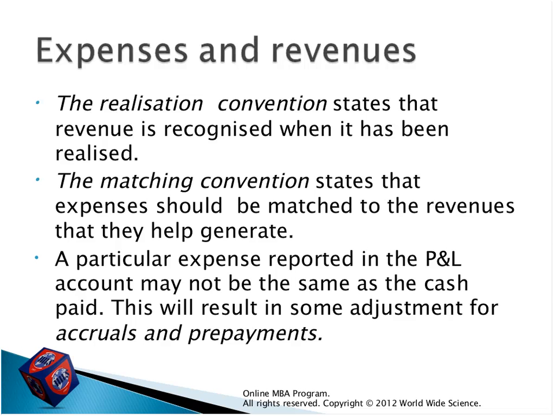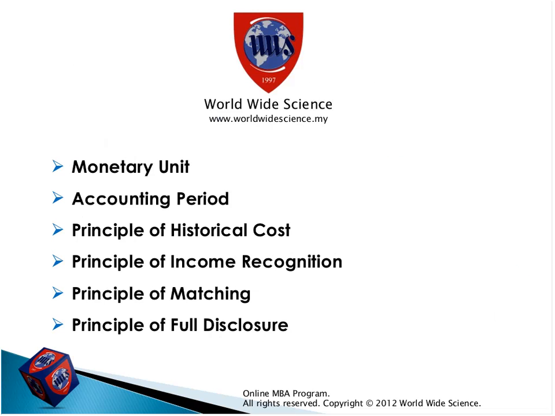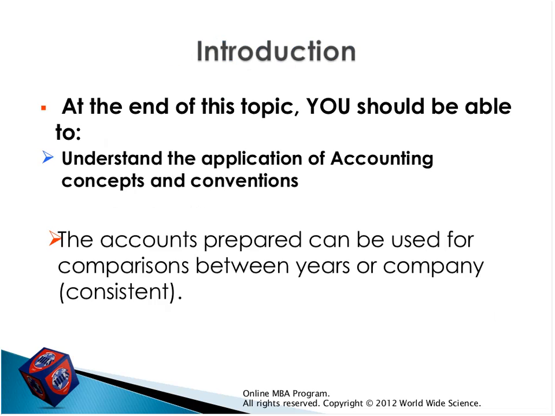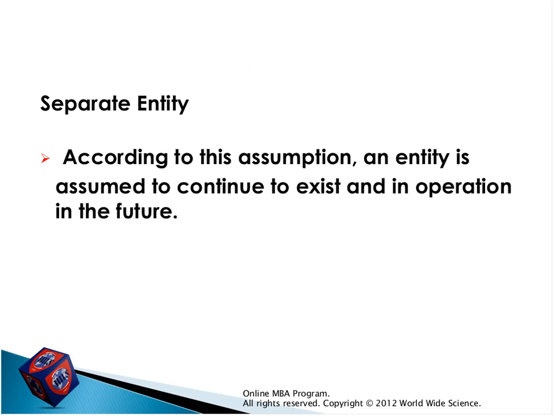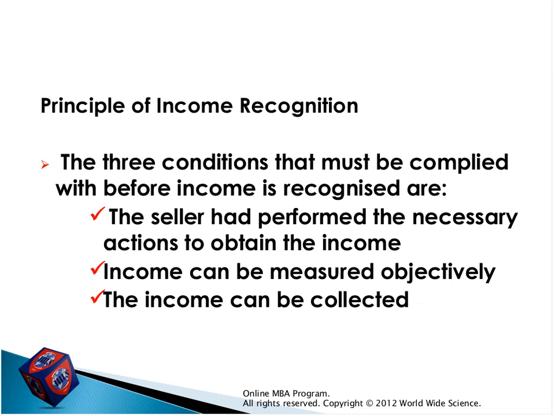You remember, I have just opened for you the old topic about accounting concepts and conventions. I will show you principle one, which is very important: the principle of income recognition.